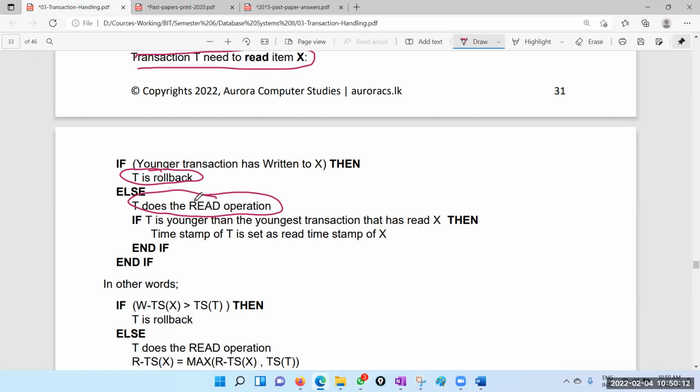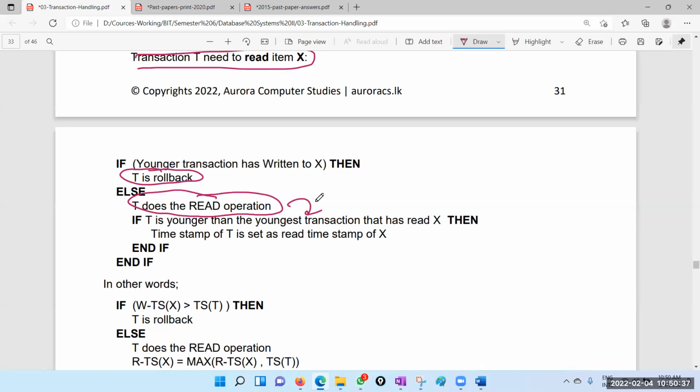But whenever you read it, you have to make sure you update the read timestamp of the resource. You check the write timestamp, update the read timestamp. Right? And here there's a little bit of complication. You check the write timestamp before reading. Now you can't just update the read timestamp with your timestamp.